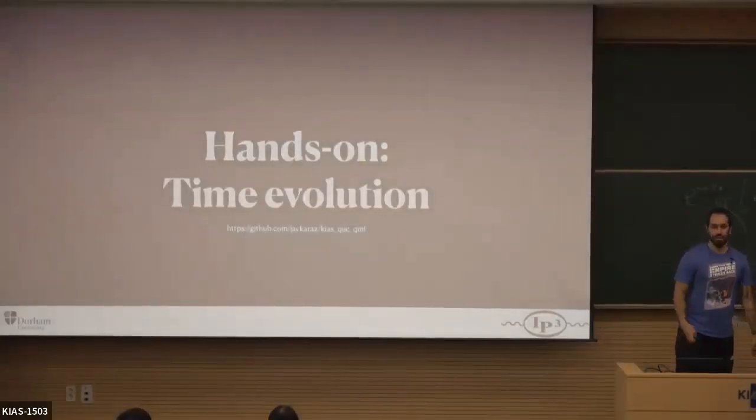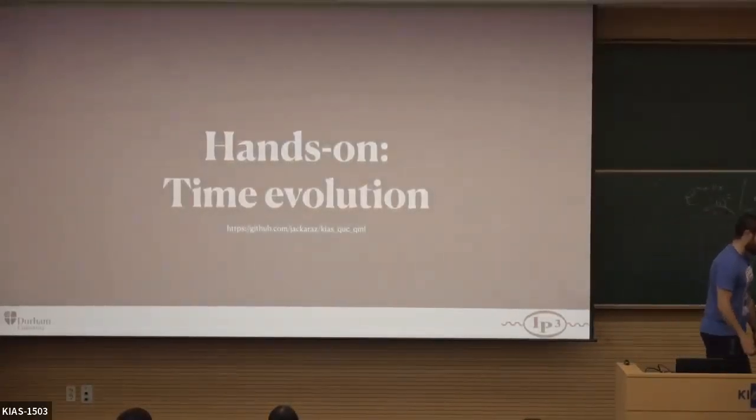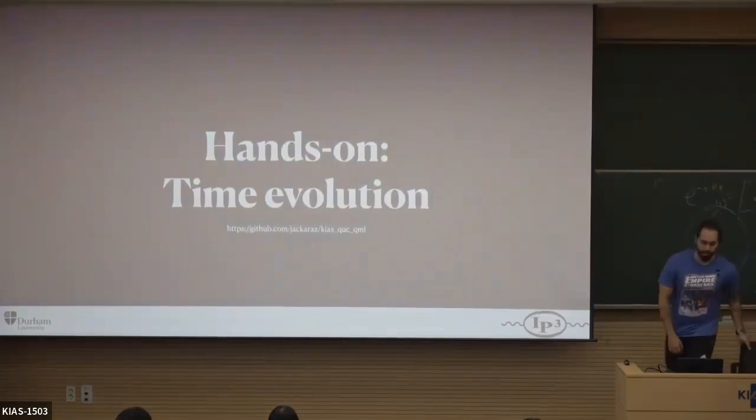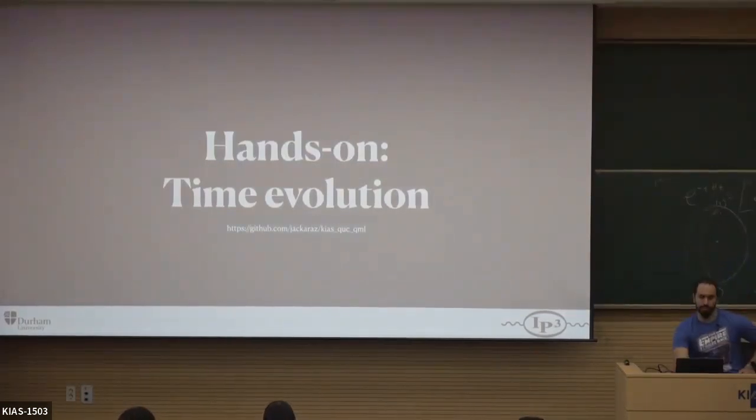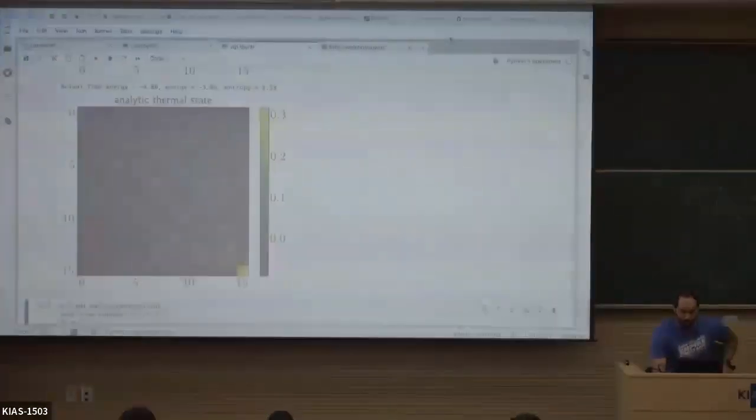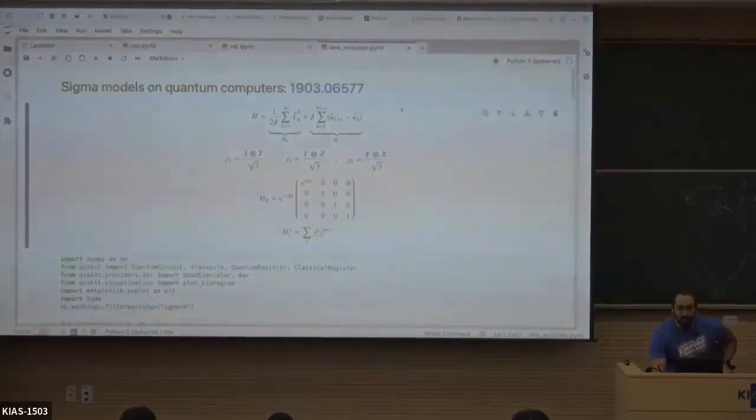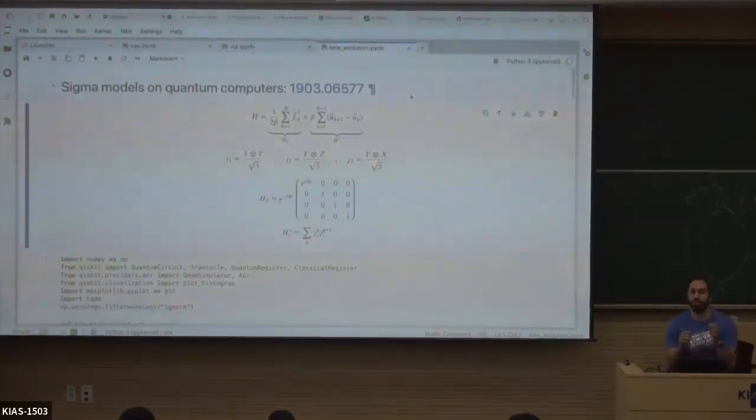So let's do a time evolution example. Please open the time evolution notebook in your exercises, and we're going back to sigma models, the exact same Hamiltonian that we simulated earlier, but using a different truncation technique this time. What I showed you earlier was interaction terms written in a very long chain.